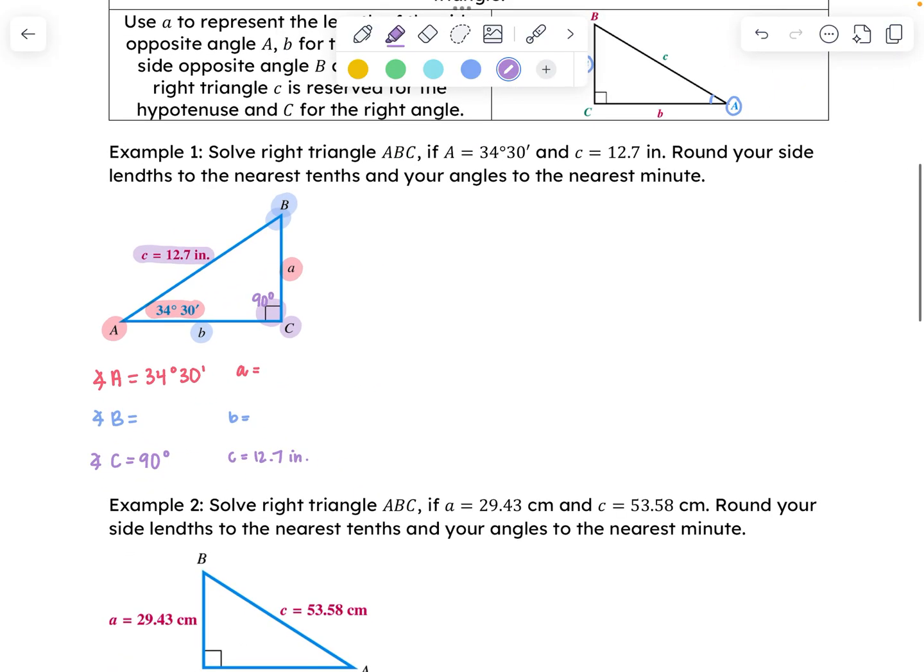Since I know two of them, it's going to be really easy to find the other one because I know all the angles in a triangle add up to 180 degrees.